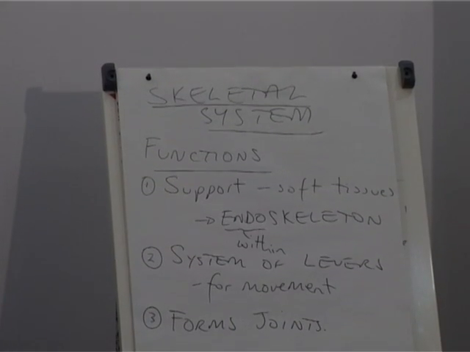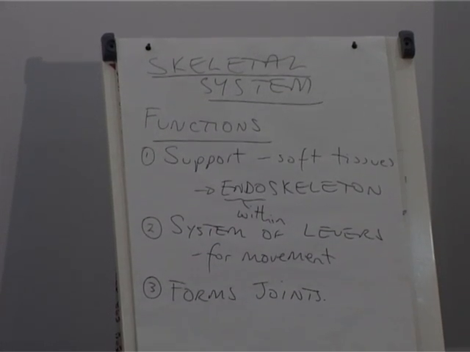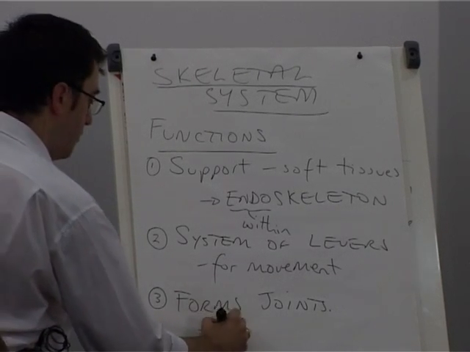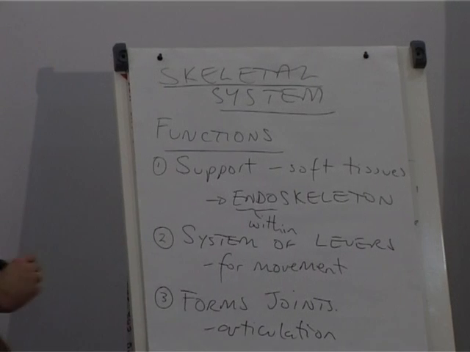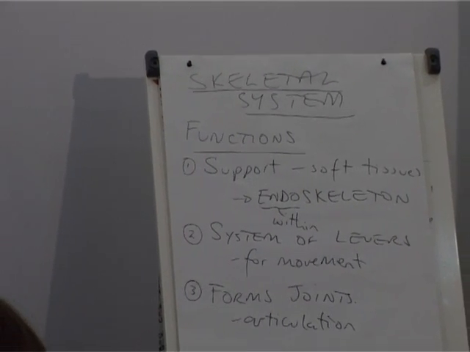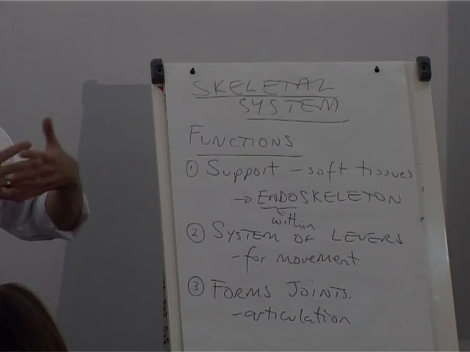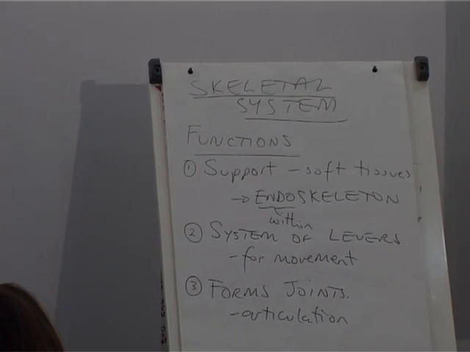And related to point number 2, the skeleton forms joints at various places. And joints, of course, are for articulation mostly. There are some types of joints which are for joining bones together to form a different structure. We'll look at that later when we look at joints in more detail.